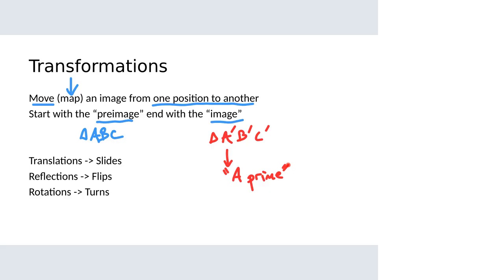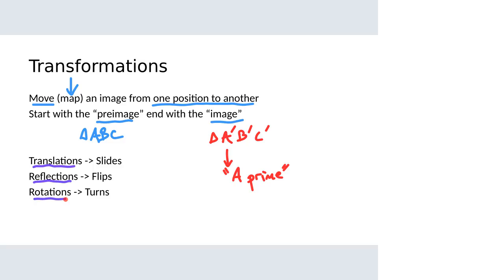We're going to look at 3 different types of transformations. We're going to look at translations, reflections, and rotations. And in a more young student-friendly language, you will know these as translations, reflections, and rotations.